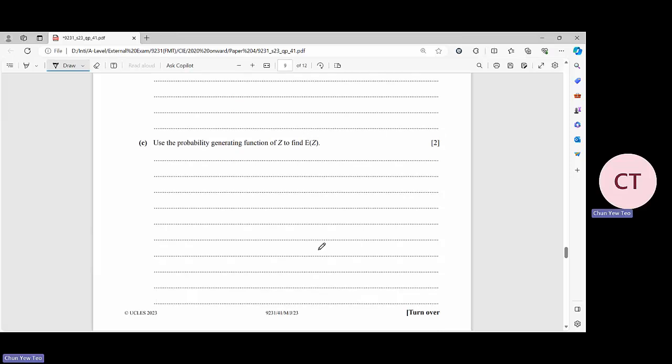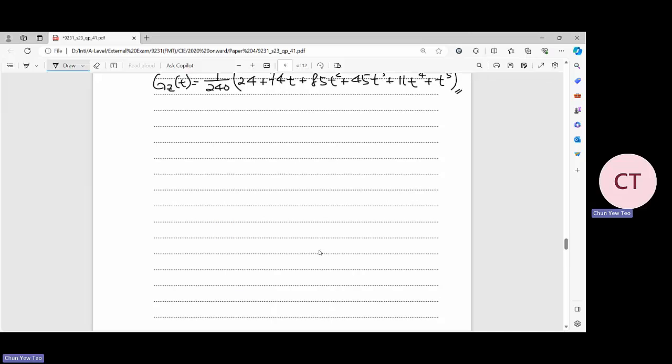We have part C. Use the PGF for Z to find the expected value, to find the mean. Okay, that means we want to find E(Z). So to find E(Z), we need to differentiate first. From the result here, just need to differentiate all of them.